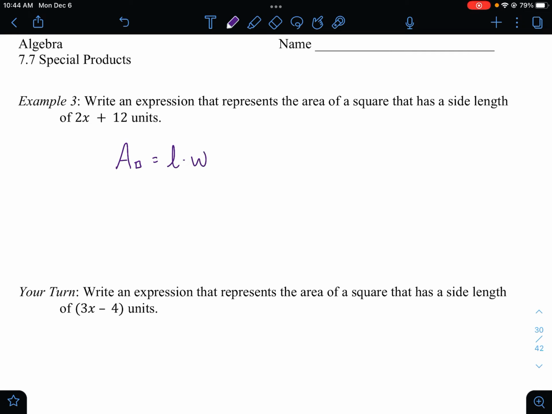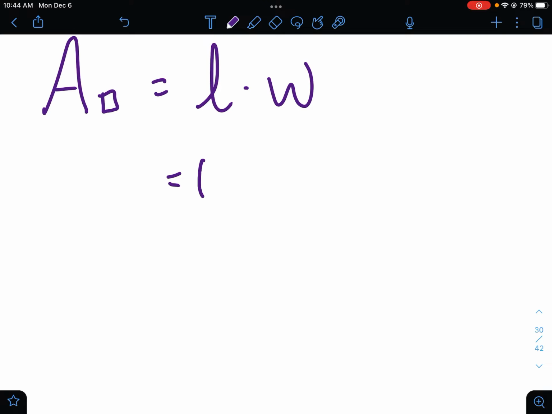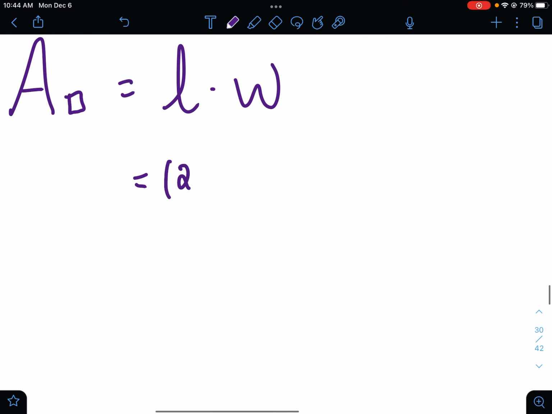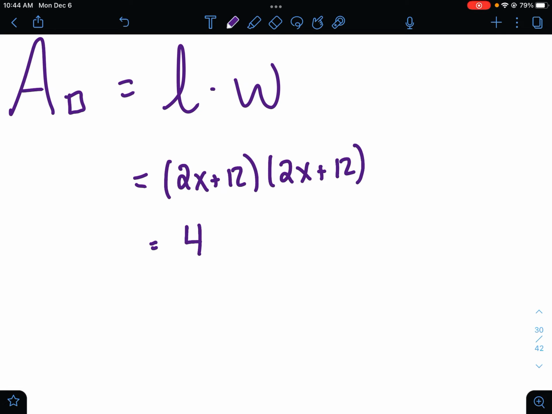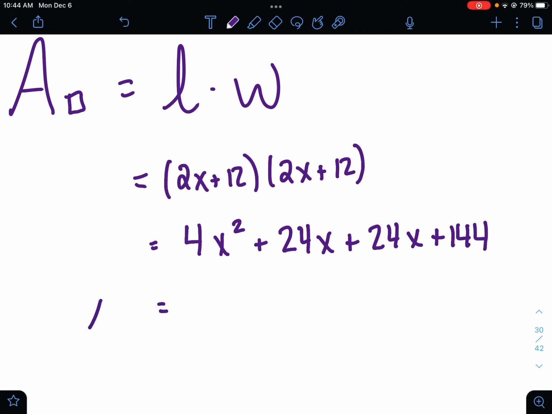All right, so area of a square is length times width, but you're thinking, oh, they only gave us one side, but guess what? It's a square, which means all sides are the same. So this is going to be, I believe it's 2x plus 12, yep. 2x plus 12 times 2x plus 12. So we get 4x squared plus 24x plus 24x plus 144. So we get 4x squared plus 48x plus 144.